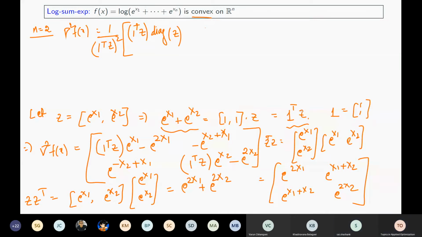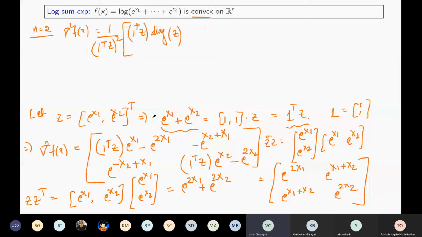So 1 transpose will become a row vector, which is what I need, and z should be defined as a column vector. 1 is already n cross 1, so 1 transpose would be 1 cross n, and z is n cross 1. So it is not a problem.